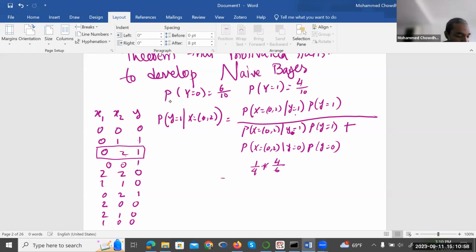This is what I got in the numerator, and in the denominator I got 1 over 4 times 4 over 6 plus, now y equal to 0. Y equal to 0, how many cases? 6 cases. And how many of them have 0, 2?